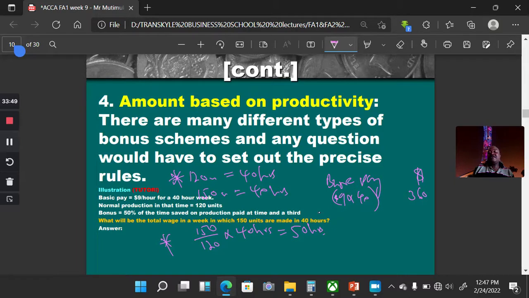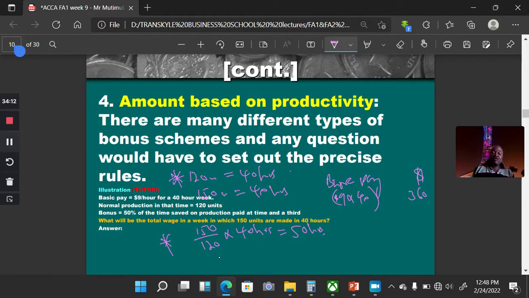Okay, because it's very simple. 120 units need 40 hours. What about 150 units? 150 units would need 150 over 120 multiplied by 40 hours, and 50 hours are needed. But instead of using 50 hours, we used only 40 hours.